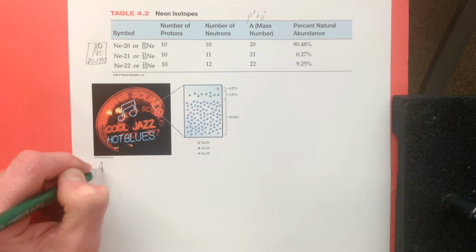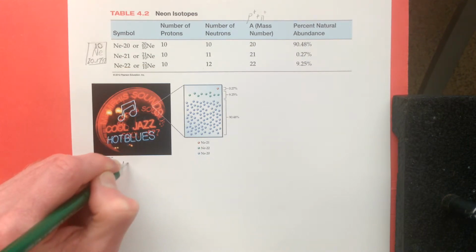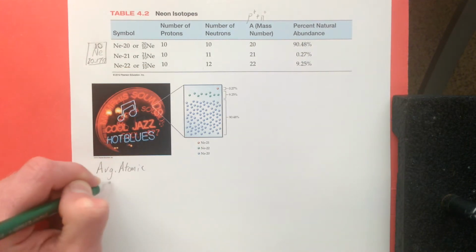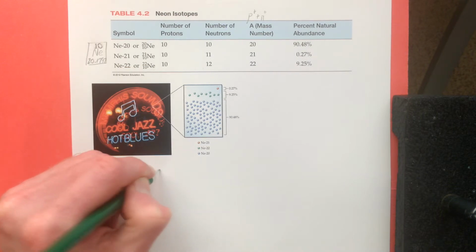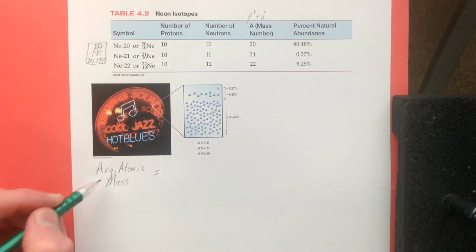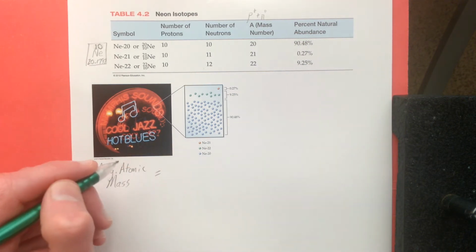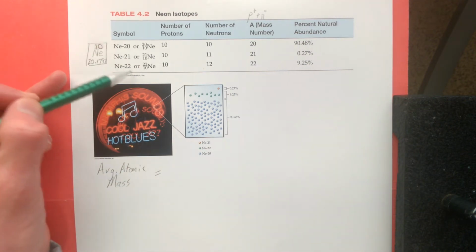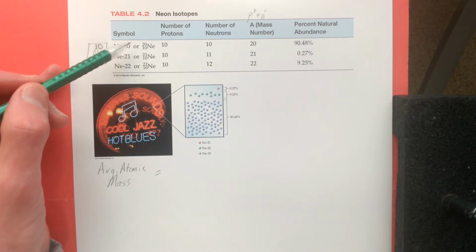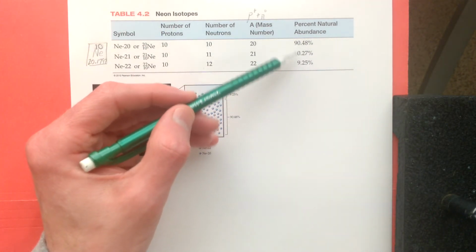So the average atomic mass. Okay. So the mass number you see on a periodic table is equal to the sum of these 3 isotopes based on their abundance.